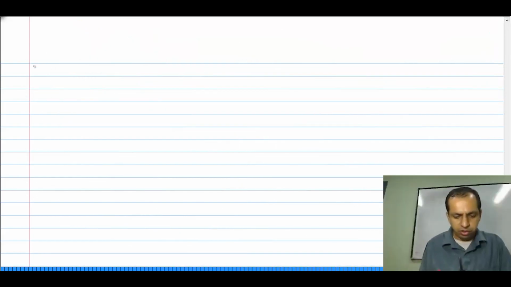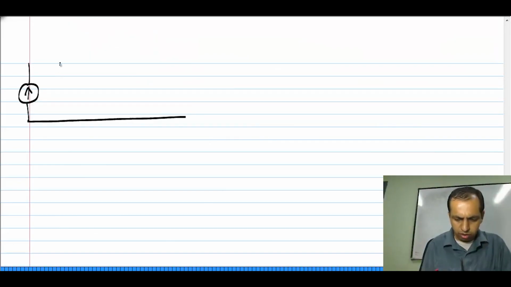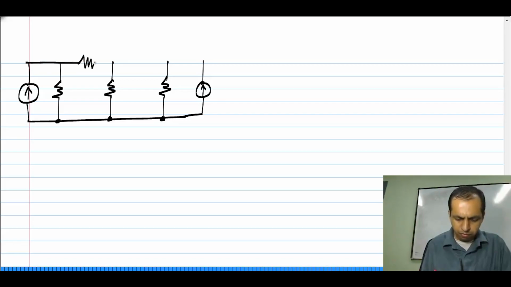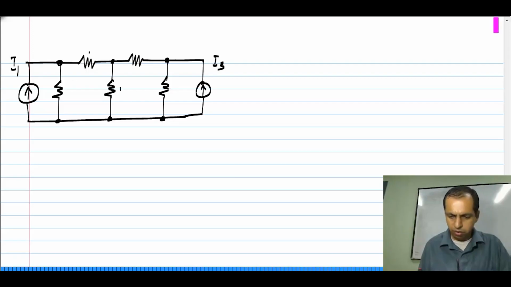So, for this particular circuit, I1, R11, R12, R22, R23, R33.